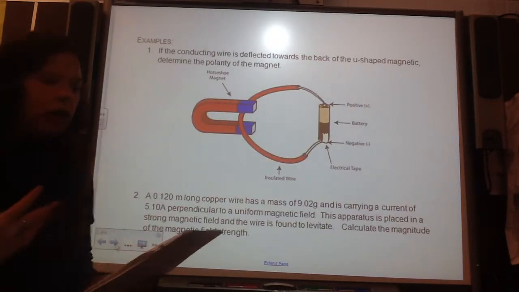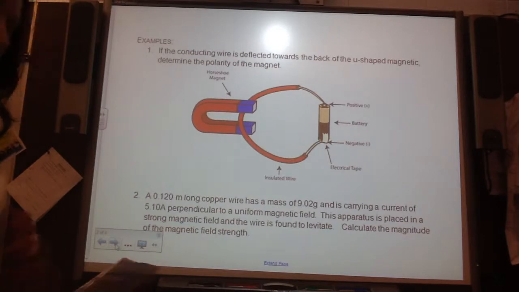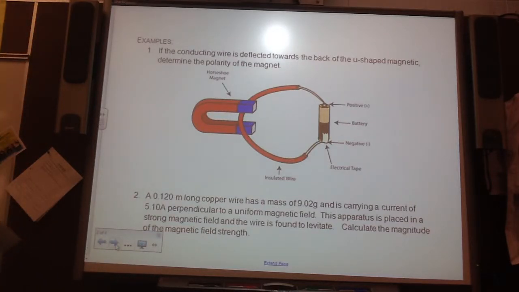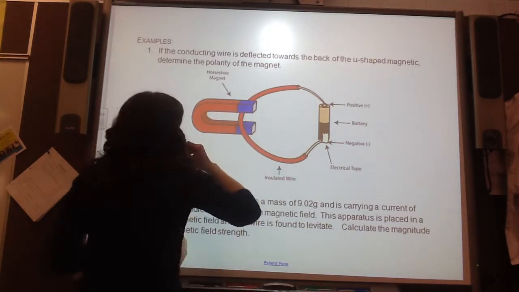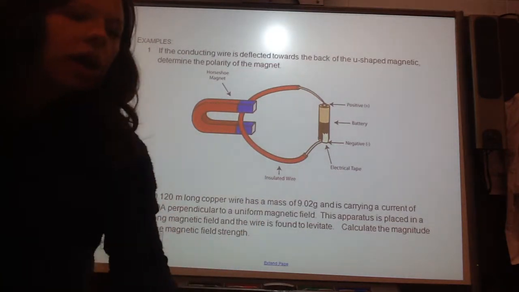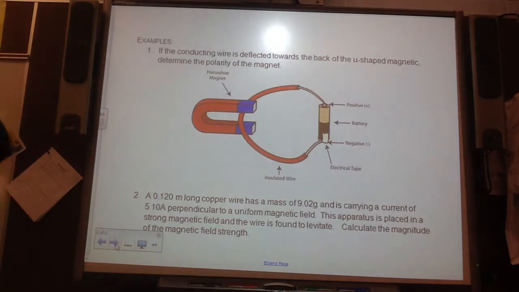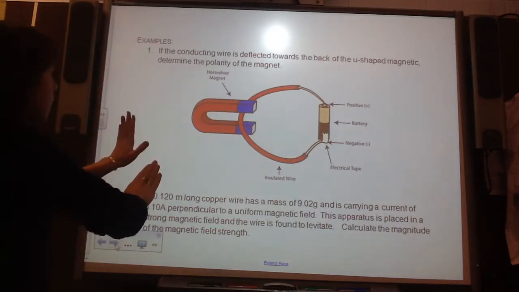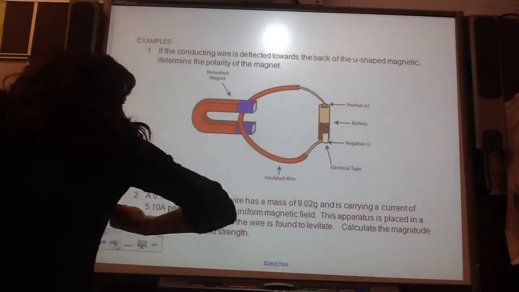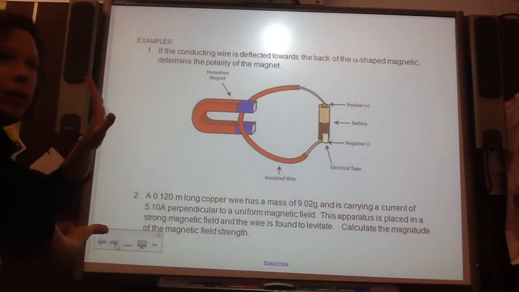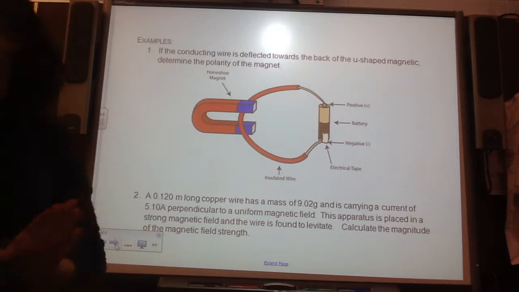All right, so another example. If the conducting wire is deflected towards the back of the U-shaped magnet, determine the polarity of the magnet. So it's being forced back this way, okay? So let's visualize it a little bit. Here's our magnet and here's the wire going into the page, the way it's pictured here.